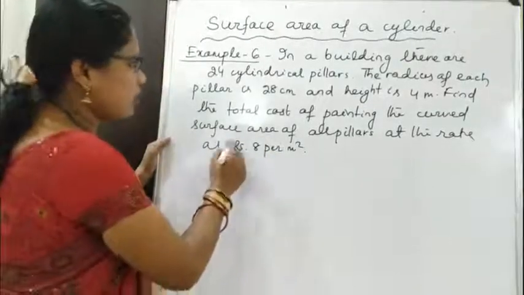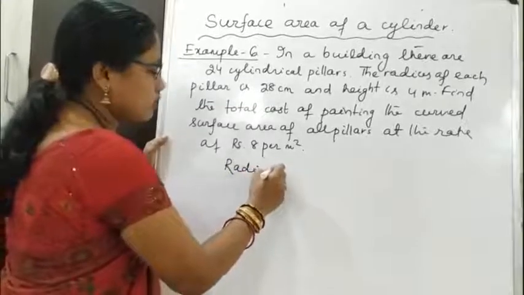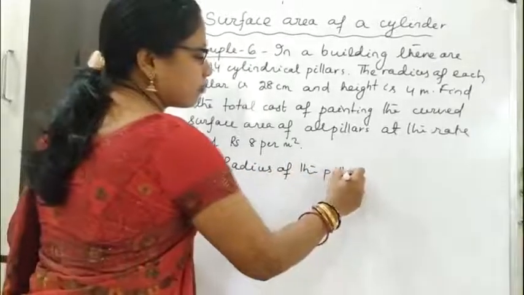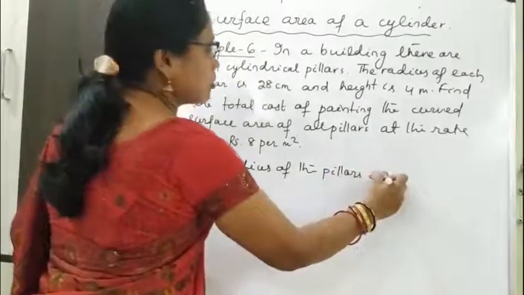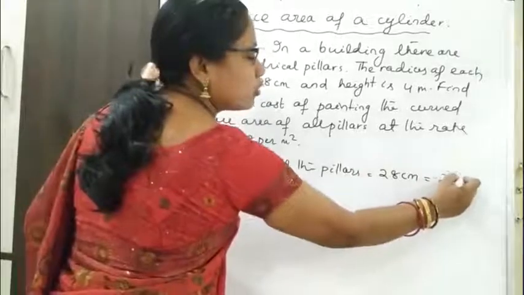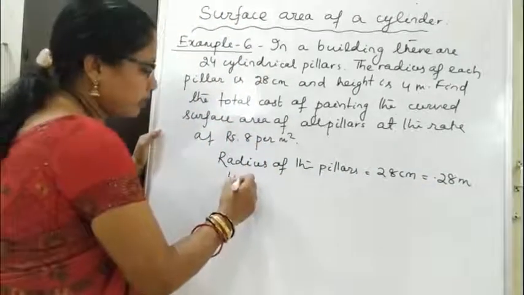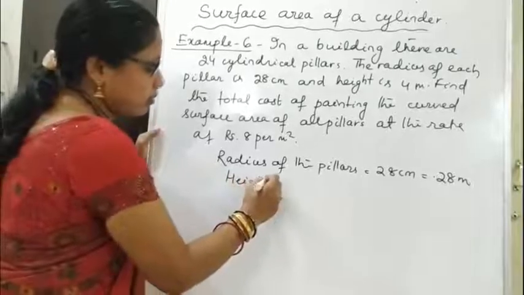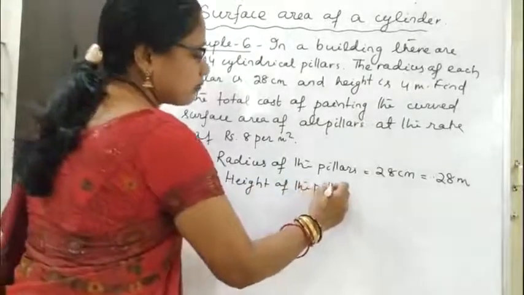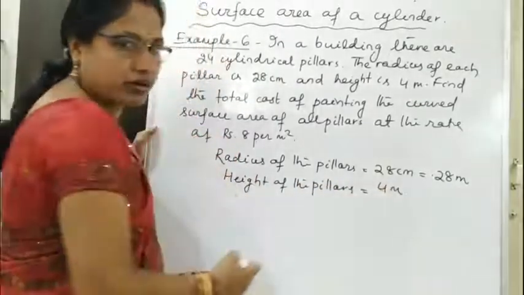So what is the radius of the pillar? The radius of the pillars is equal to 28 centimeter, that is 0.28 meter, and the height of the pillars is equal to 4 meter.